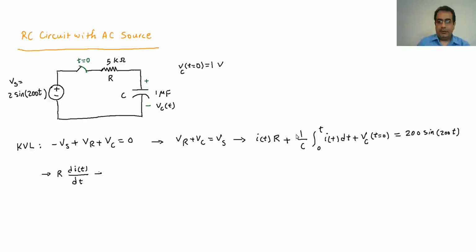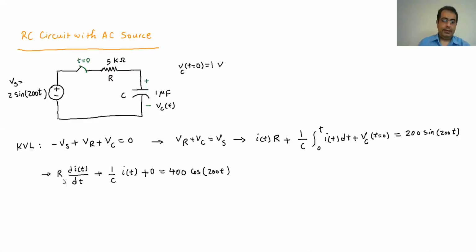Then for this one, because it's dt, it becomes 1/C times i(t), and this part becomes 0 because V is constant, so differentiating it gives 0. This is equal to 400 cosine 200t. So this is going to be the equation.